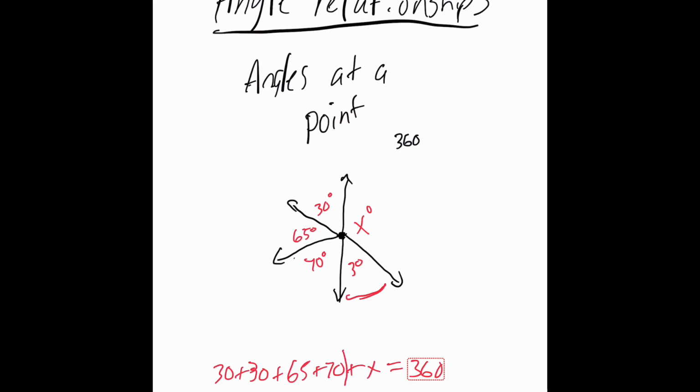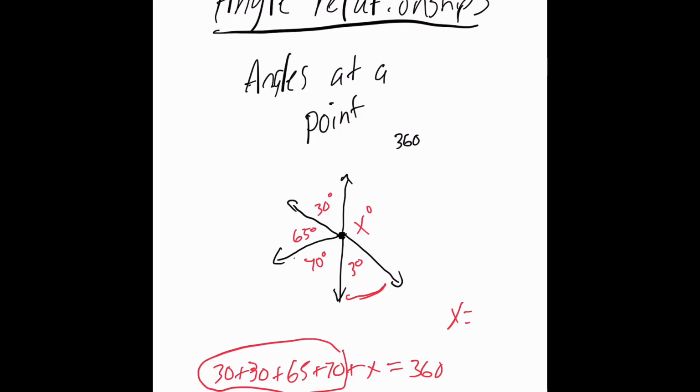Just as I did before, I would add up all my regular numbers, my like terms, which would equal 195, plus X equals 360. Then of course, you have to subtract 195 to get it to go away.